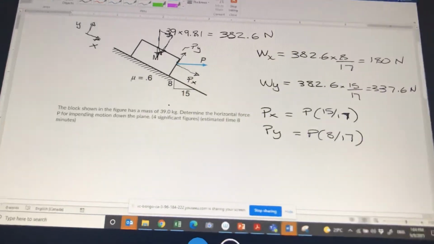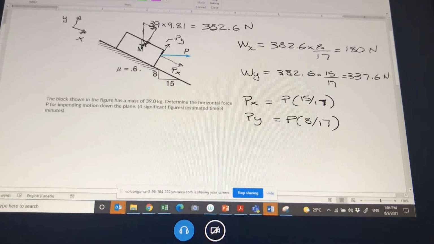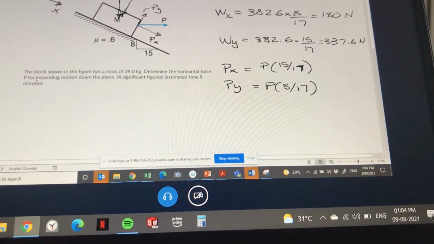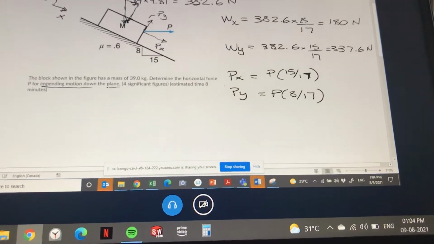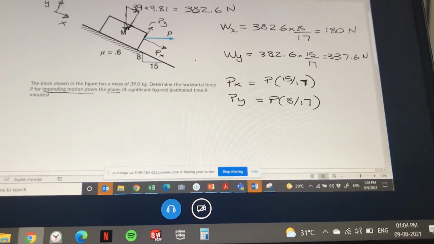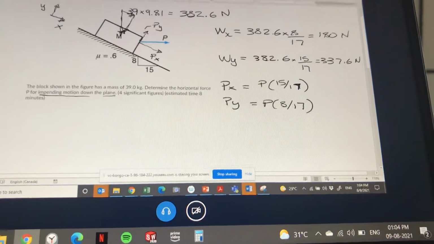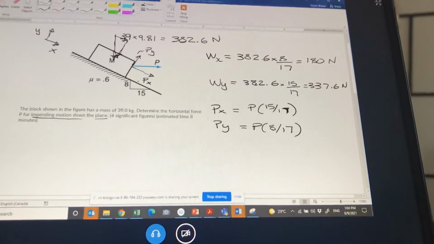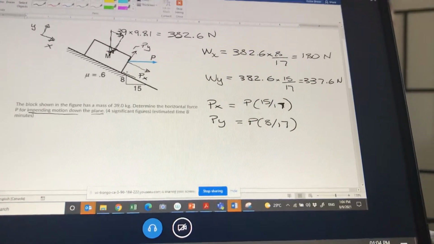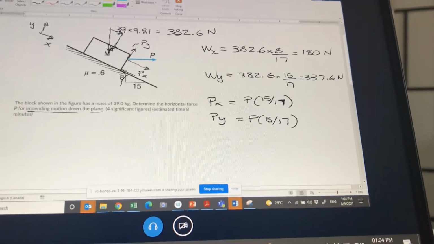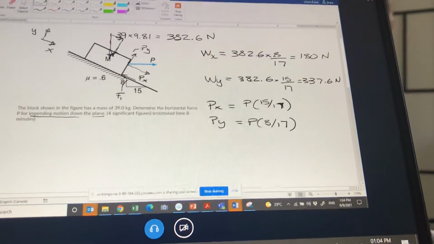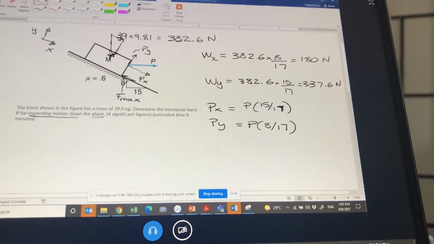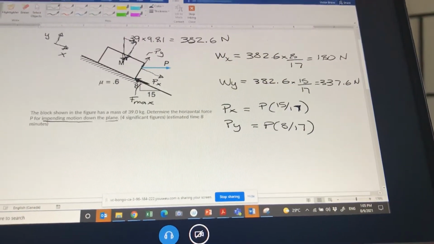And then, of course, you need to consider the friction force, which is, if the impending motion is happening down the plane, right? So impending motion is down the plane, the friction force will oppose impending motion, right? So friction force is going to be in this direction, right? So this is your friction force, or F max. So it's right here. Okay.